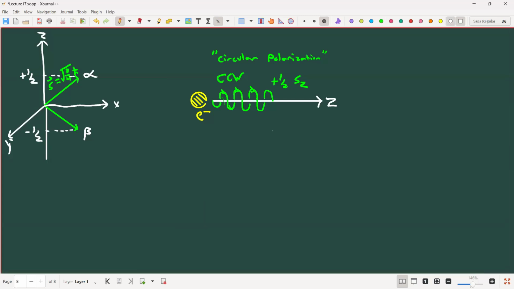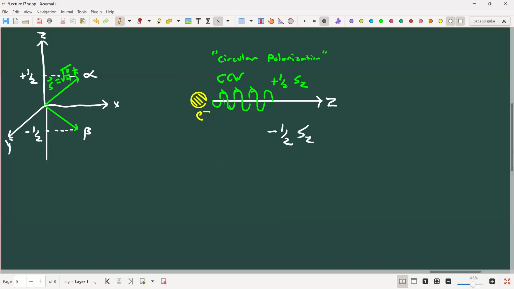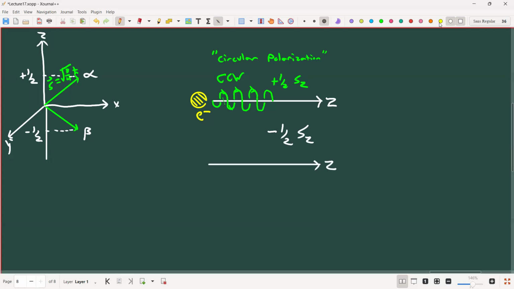And then minus 1/2 would be the opposite. The electron would be moving in the clockwise direction around the propagation axis. It would look like a wave that's oscillating in the complex direction.